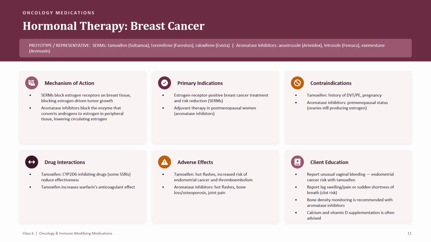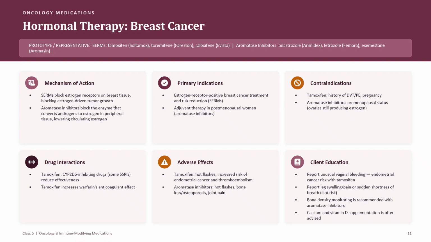Estrogen shows up, but its key doesn't fit anymore. And then the aromatase inhibitors work upstream. They block the enzyme that manufactures estrogen, out in the peripheral tissue in the first place. So instead of changing the locks, it's like shutting down the estrogen factory altogether.